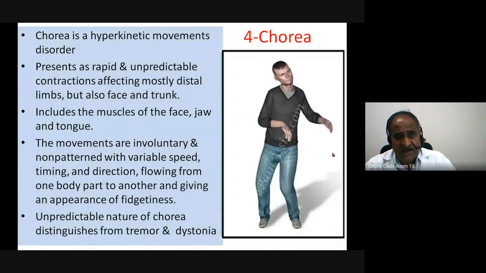Chorea is a hyperkinetic movement that presents with rapid, unpredictable contractions affecting mostly distal limbs, these limbs, but also the face and the trunk. It includes the muscles of the face, jaw, and trunk.